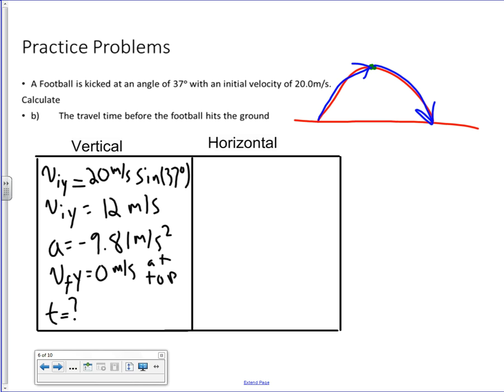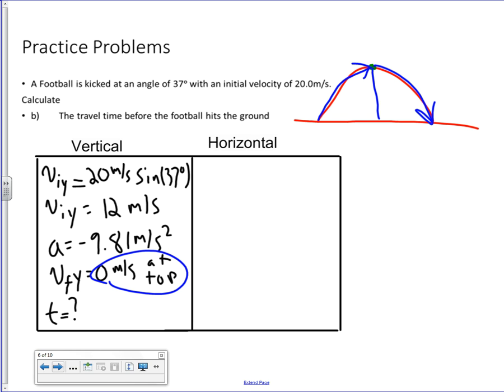The VFY is at the top, so that's only half our time. We went from the start to halfway through, and now we have to add the second half in, so that's why we double the time. And we're going to double the distance.